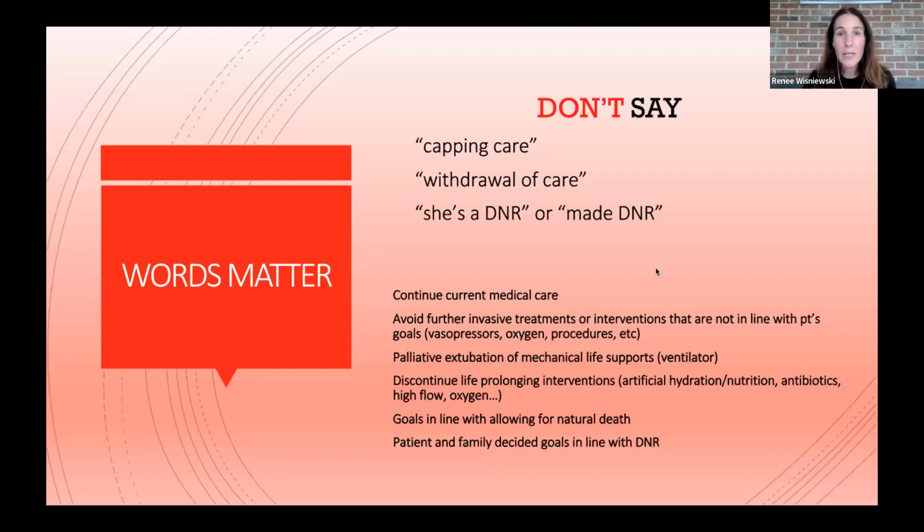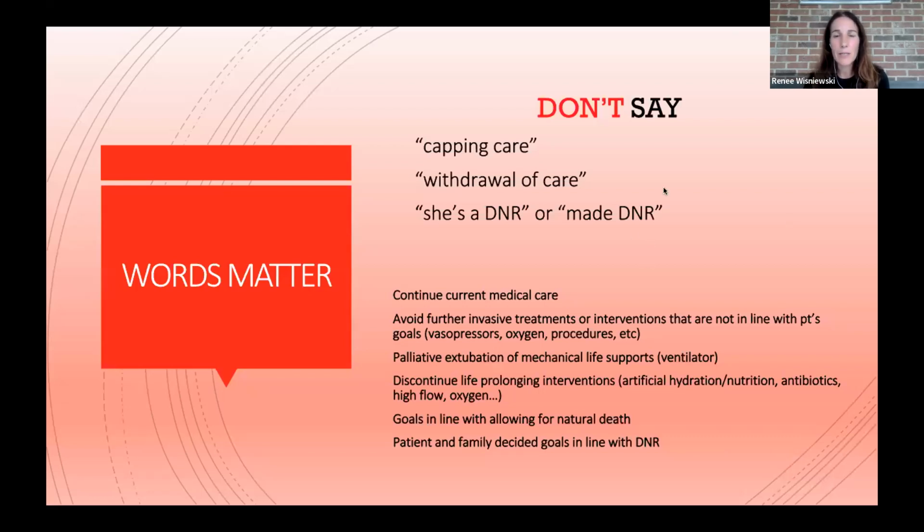Words matter. In the United States, oftentimes we think about when we don't have any more cancer-directed therapy or diabetes-directed therapy, there's providers who say capping care or withdrawal of care, or we refer to patients as do not resuscitate.